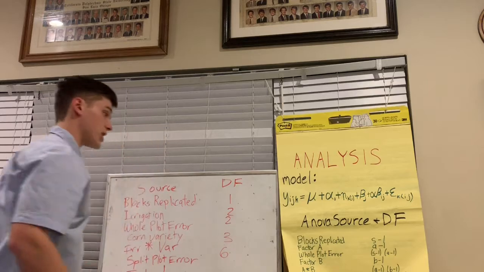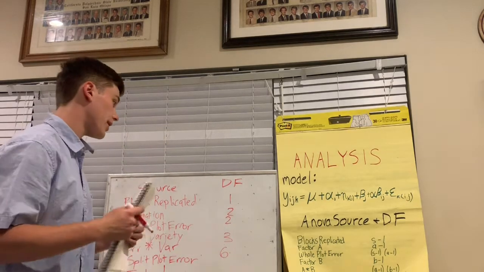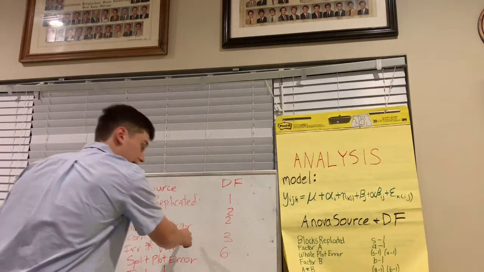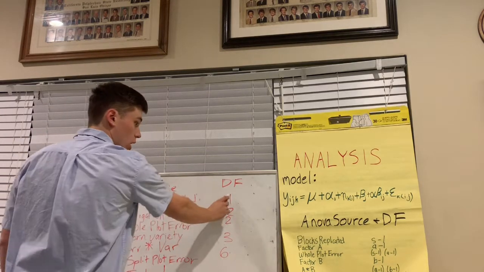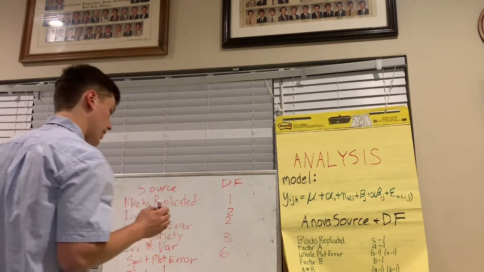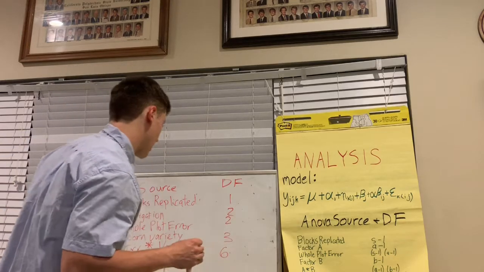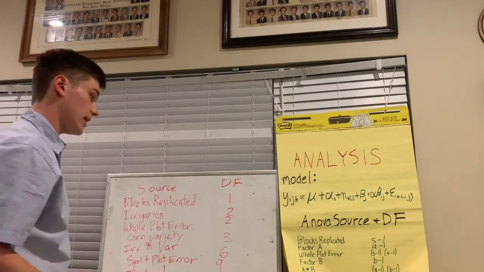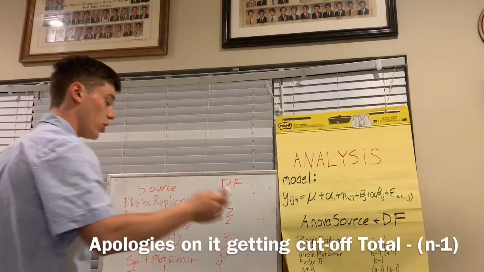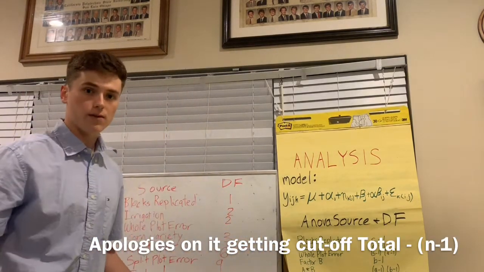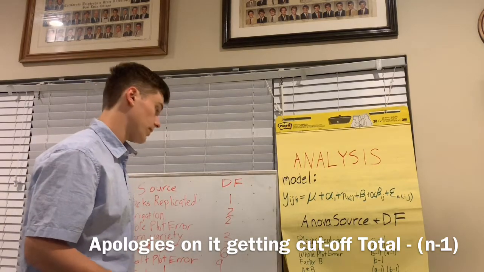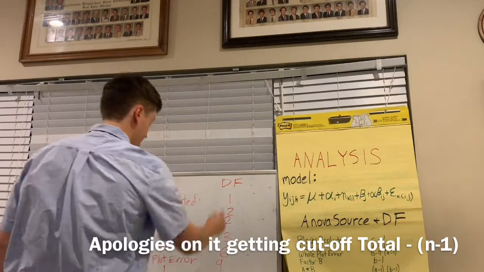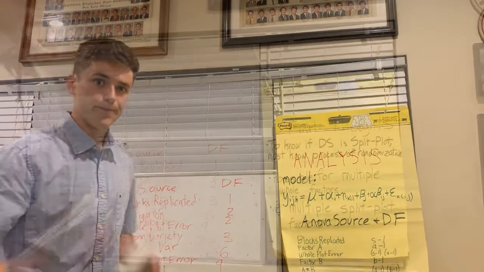And then finally our split plot error, which is our whole plot factor levels times our split plot factor levels minus 1 times our replication minus 1. So that would be 3 times 3 times 1 is 9. And then finally we have our total, which is the number of experimental units minus 1, which is 23. All of this adds up to 23.